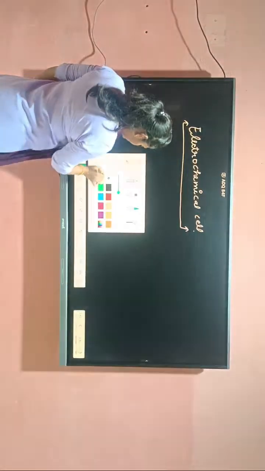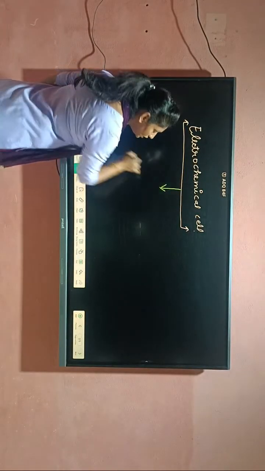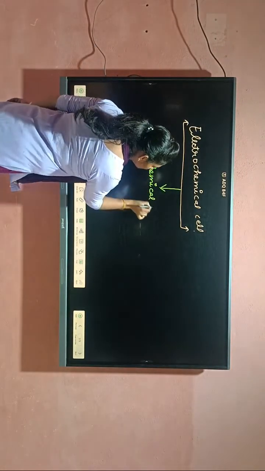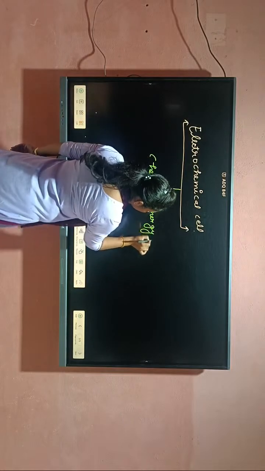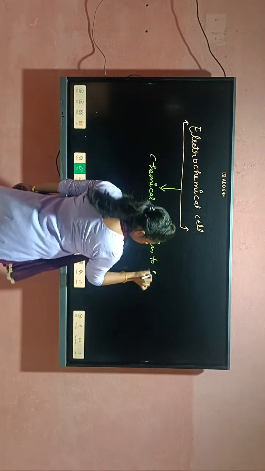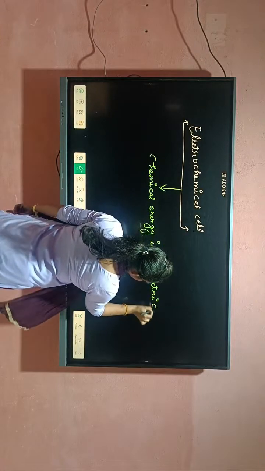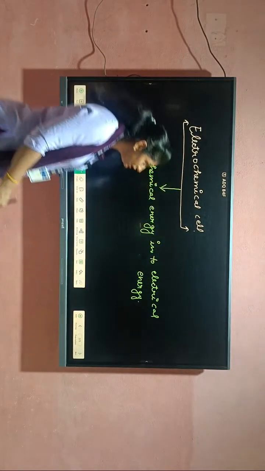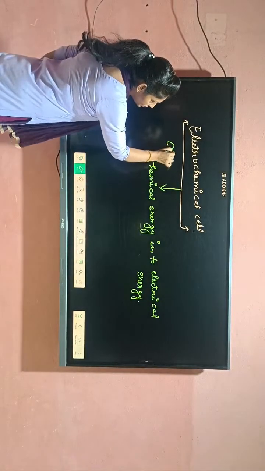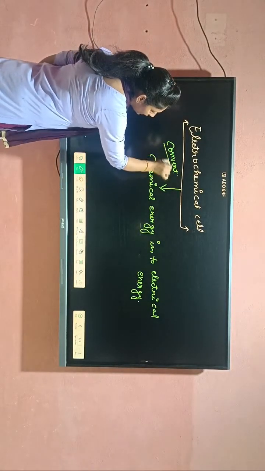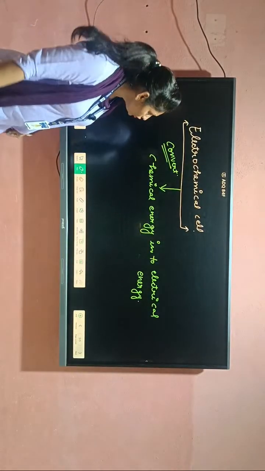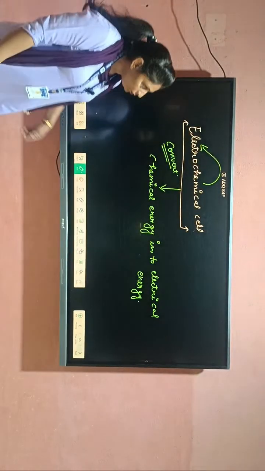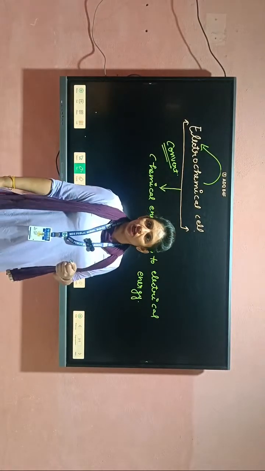An electrochemical cell is a cell, a device, which is used to convert chemical energy into electrical energy. That type of device is known as the electrochemical cell.